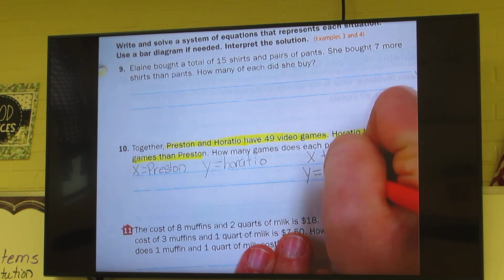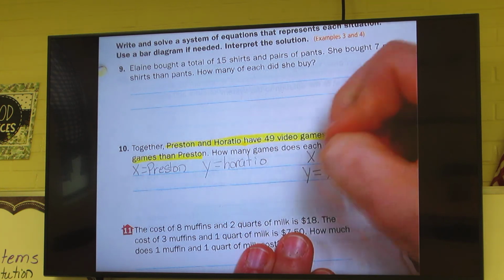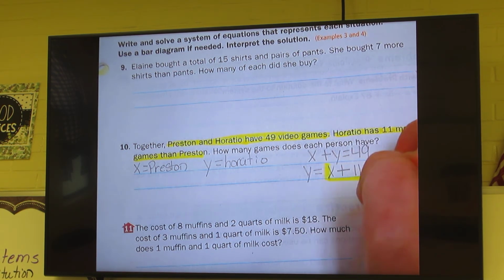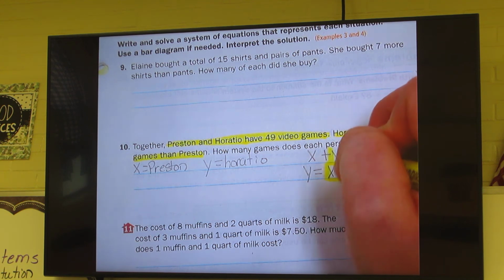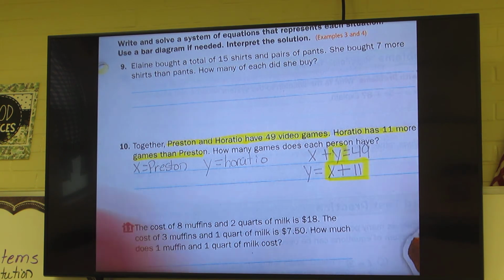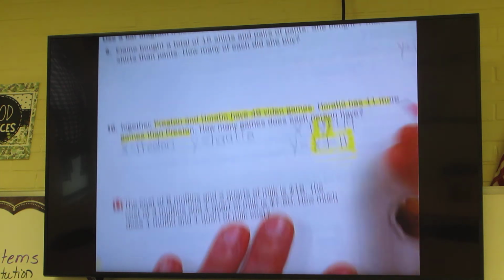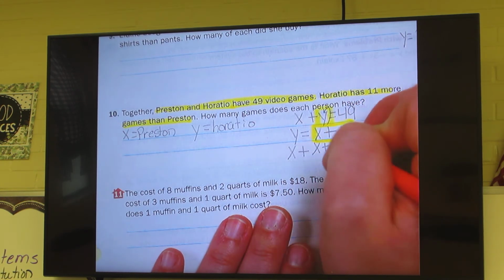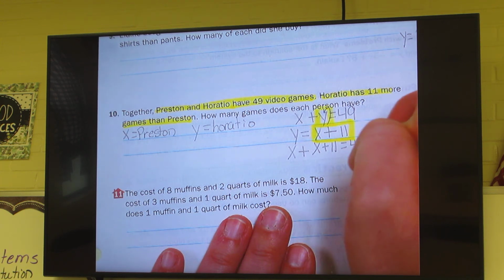So x plus 11. And then from there, you solve it like a normal system. So we take the fact that y equals x plus 11, and we put it in the y spot right there.